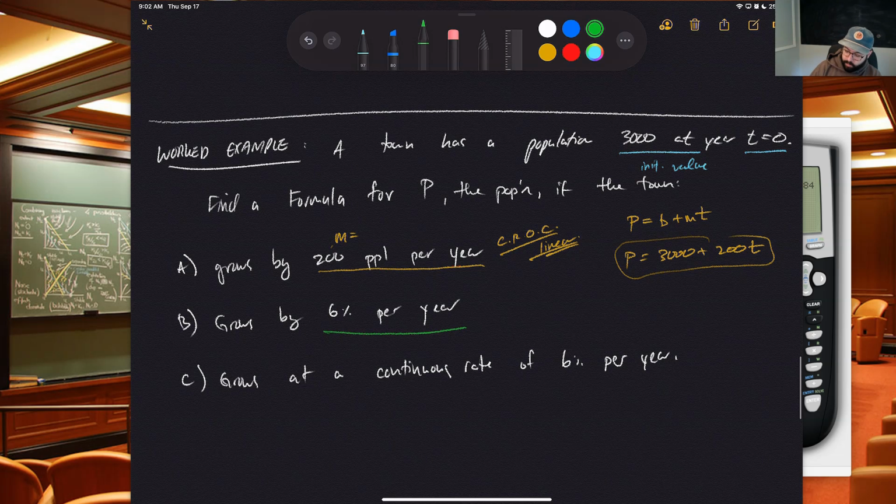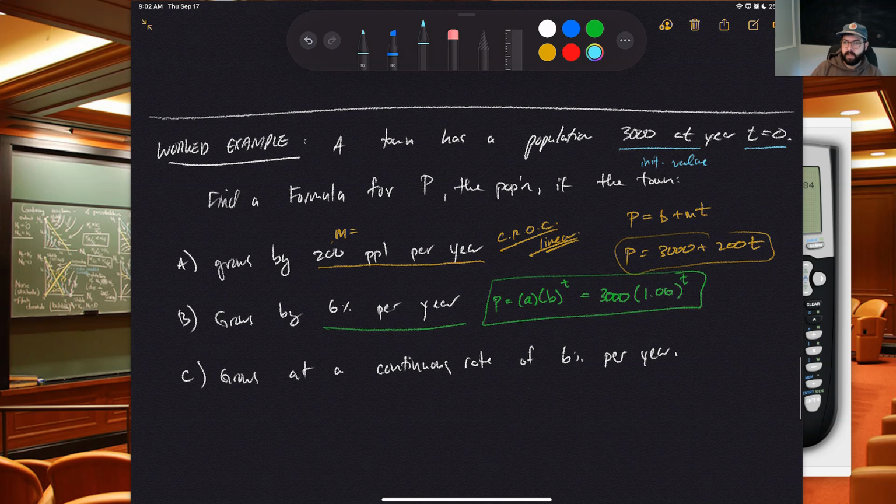And since it's every year, we can use our a b to the t form, where a is your initial value, which we know is 3,000, and b is our growth factor, which is 1.06 because of that 6%, all to the t. And so that's an exponential function that we've worked with before, annual growth.